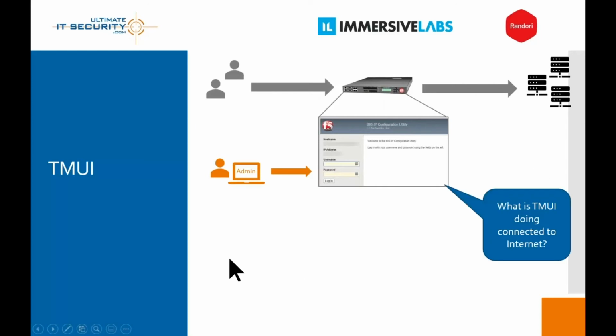Now, the first question is, what is an administrative interface doing connected to the internet in the first place? And I think part of the thing is that F5 designed this and intended this, they coded it with the assumption that it was not connected to a hostile network.